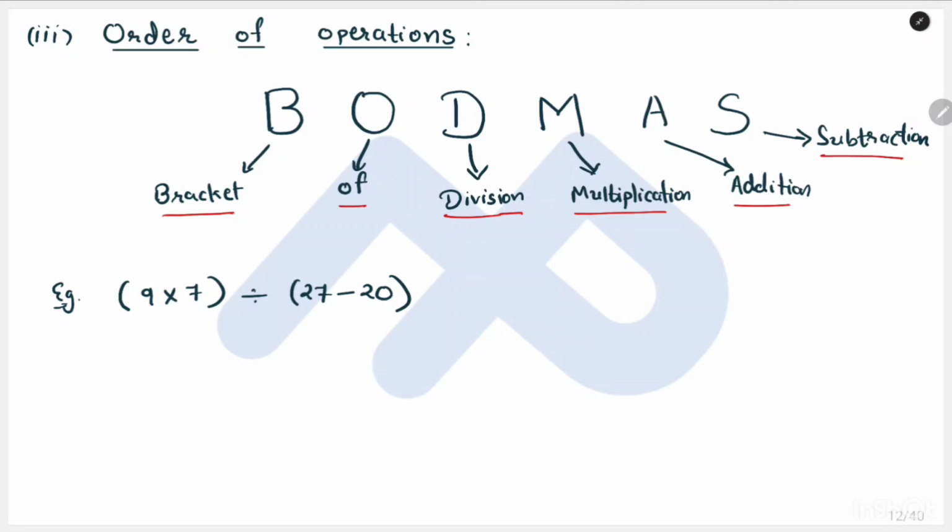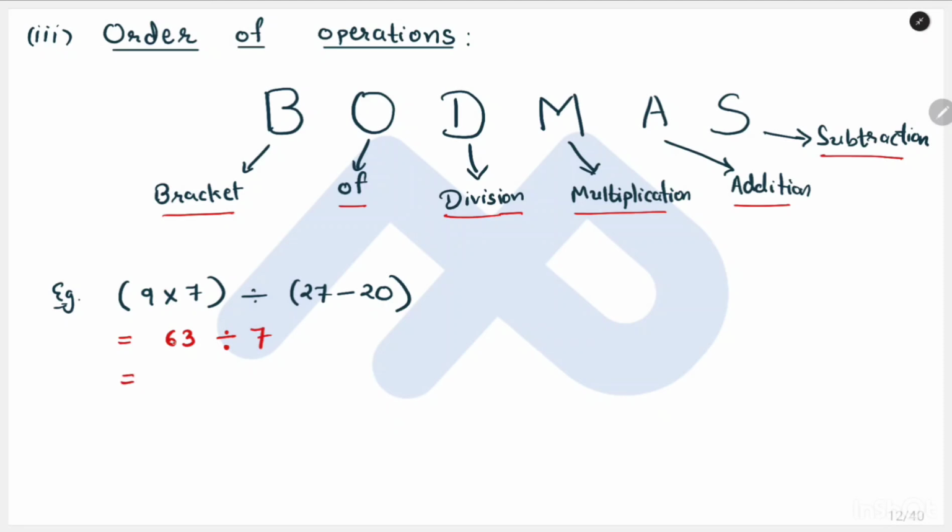Okay, so let's see how we can solve the questions. I've taken some examples. The first example is 9 into 7 in one bracket, divided by 27 minus 20. As we already know that the bracket comes first, let's solve the bracket first. 9 and 7 are inside the bracket. 9 multiplied by 7 is 63, and then divided by 27 minus 20, which will also be solved first, that is 7 only.